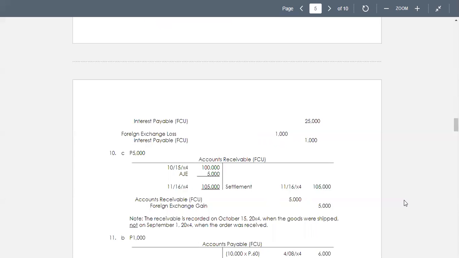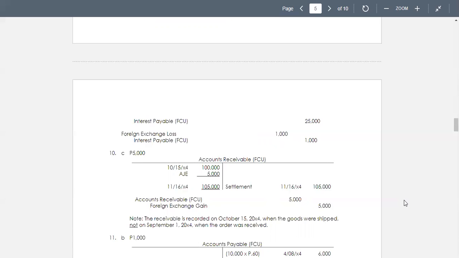Number 10, for the year ended December 31, 2024, CC should report a foreign exchange gain equal to the credit of letter C. That's 5,000. So accounts receivable October 15 is debited for 100,000.